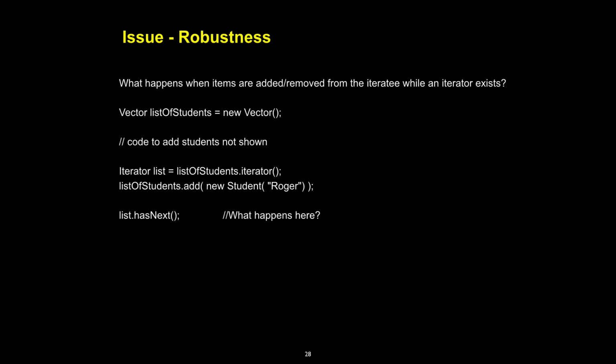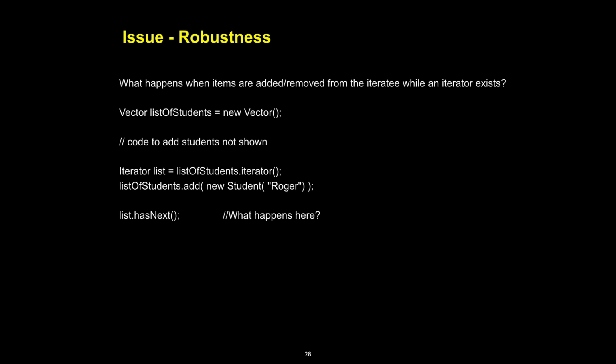And the reason is, it should work. Say I've got a list of 3 things, right? And now I have an iterator, and the iterator has a pointer to where it currently is, right?